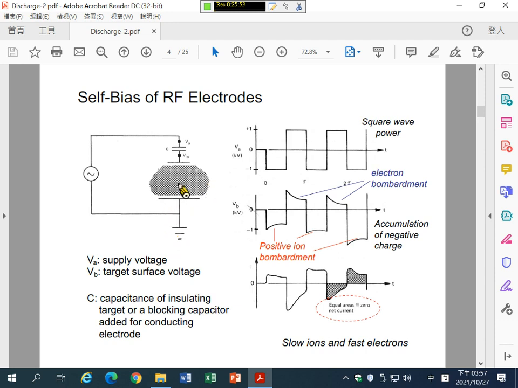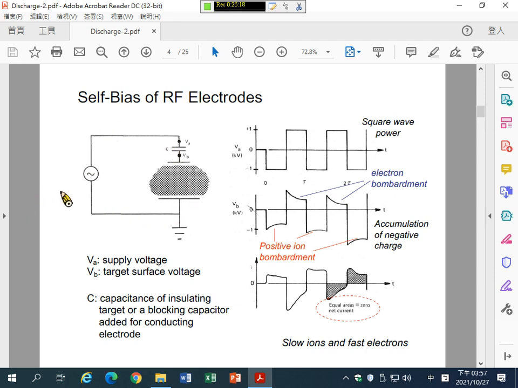Once the plasma is generated in this part, this dark area means the plasma. So plasma is part of the circuit. The circuit forms a closed loop.